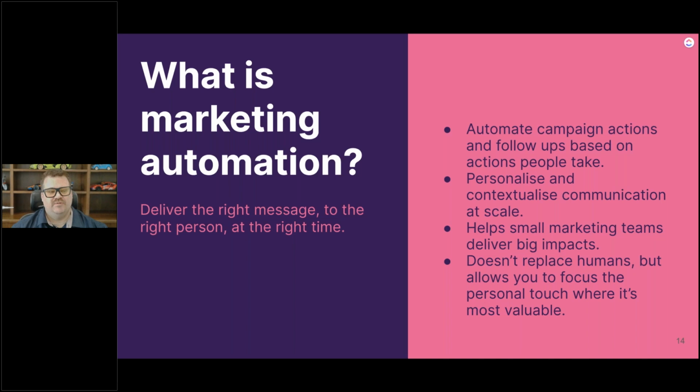We really want to personalize that messaging so that we get that conversion. One of the big things that we like about marketing automation is it helps small marketing teams deliver big impacts. You can set all of these things up, you can run tests, and you can run them on a regular basis then. You don't actually need the resources of a big team to be able to do all of this on a regular basis.